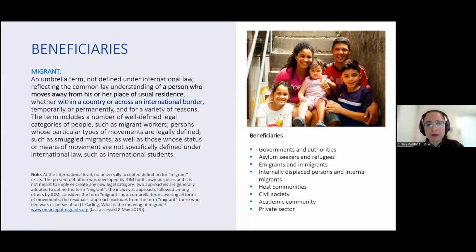For IOM, the word migrant is an umbrella term, defined as a person who moves away from his or her place of usual residence, whether within a country or across an international border, temporarily or permanently. Therefore, we work both with the idea of international migration and with the idea of internal migration or internal displacement.